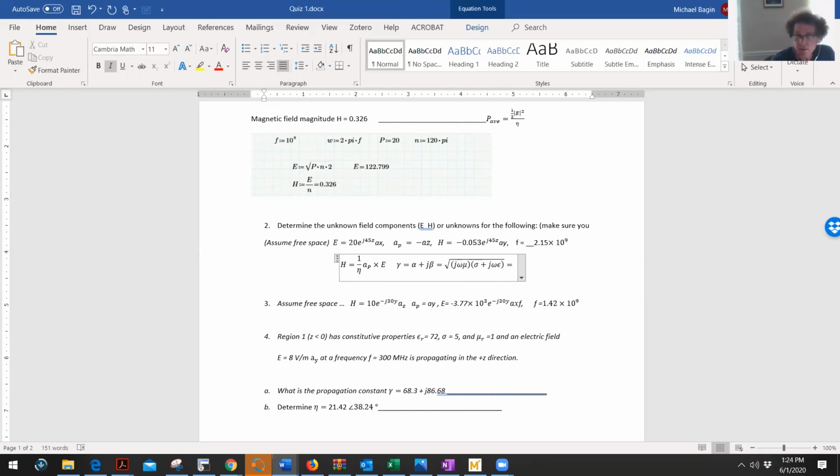Now, this is the point I want to make. If it's lossless, sigma is 0, right? And if sigma is 0, then this thing is just going to be j omega times the square root of, and there it would be simply, if you look at this, mu times epsilon.